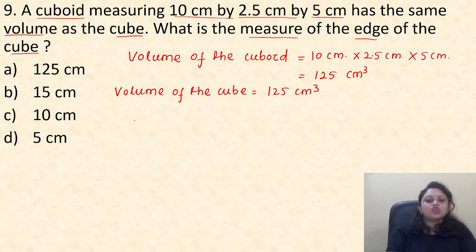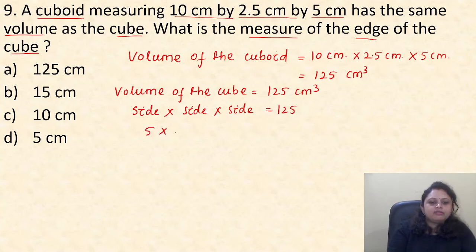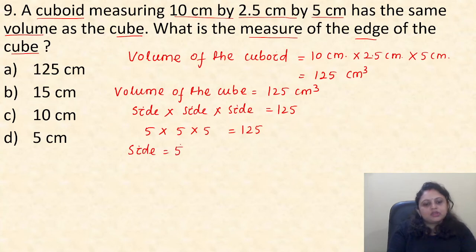And what is the volume of the cube formula? That is side into side into side. That is equal to 125. So here 5 into 5 into 5 equal to 125. That means we can say the value of the side is equal to 5.